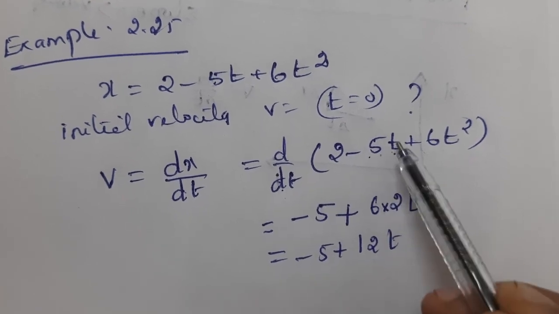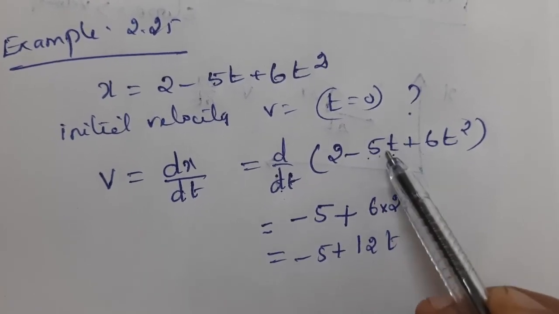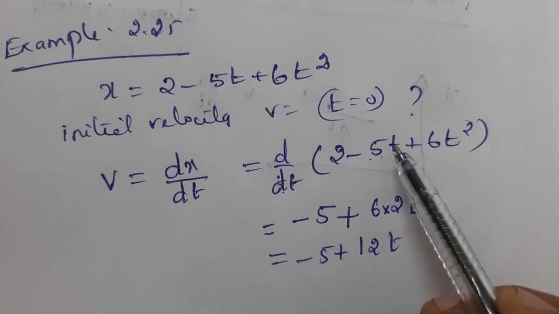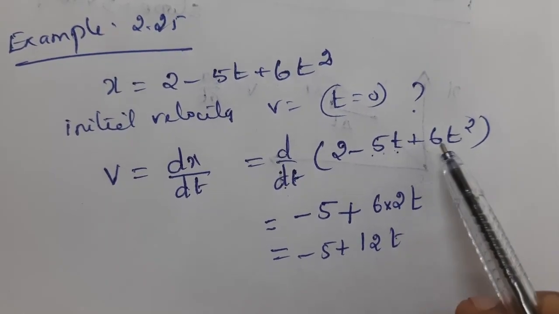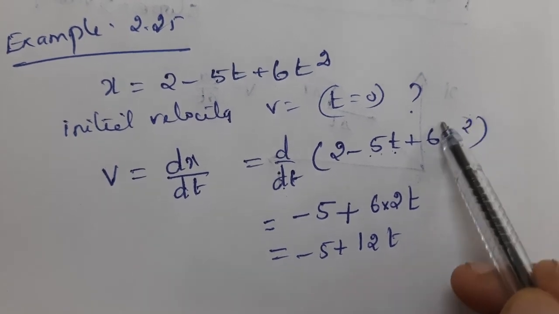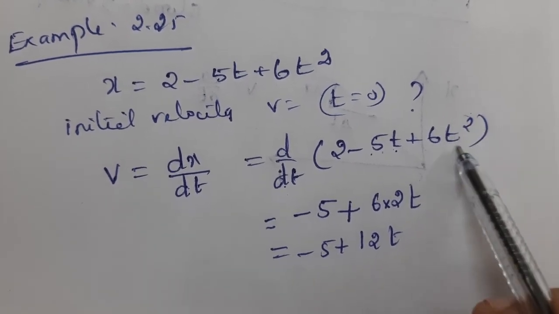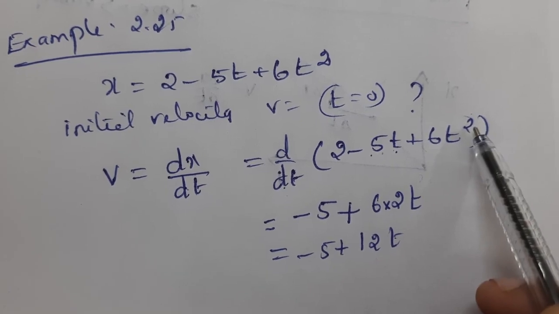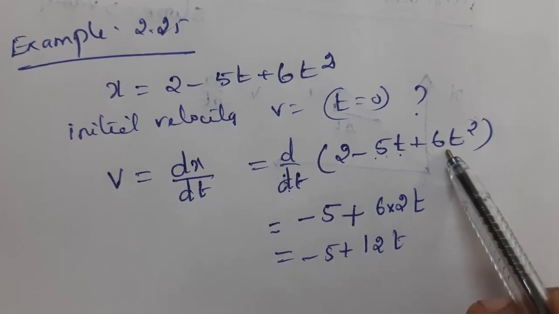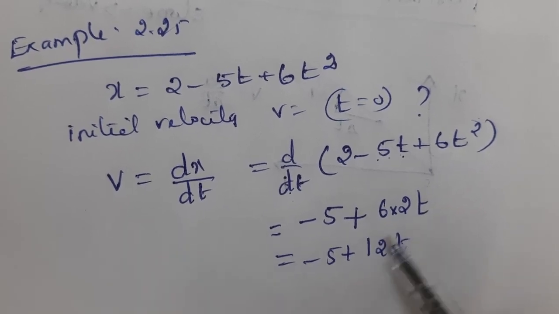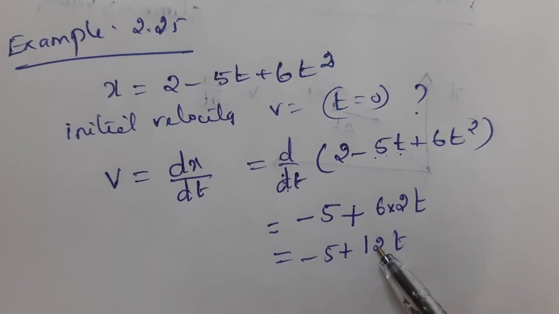Differentiation of minus 5t gives minus 5, since dt by dt is 1. So minus 5 into 1 is minus 5, plus 6t square. Differentiation of x power n is n into x power n minus 1. So we can write 2 into t power 2 minus 1. So 6 into 2t. So we can write minus 5 plus 12t.